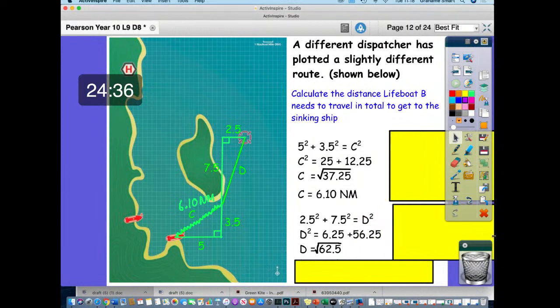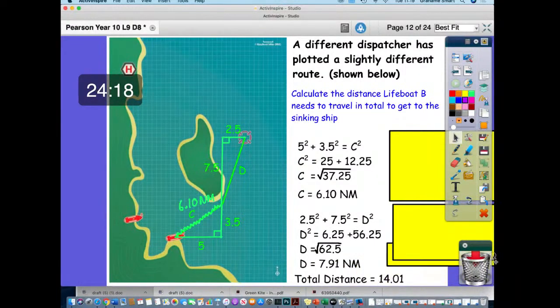Okay, but you can see here 2.5 squared plus 7.5 squared is equal to D squared. D squared is then equal to 6.25 plus 56.25, which comes out to be 62.5. Okay, and we square root that, get 7.91 nautical miles, and 7.91 add 6.10 is 14.01.